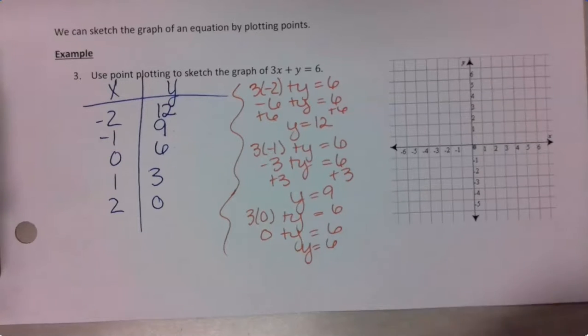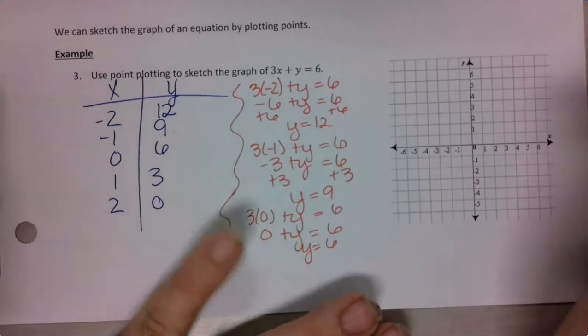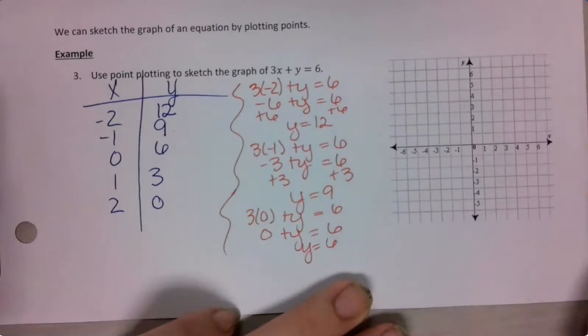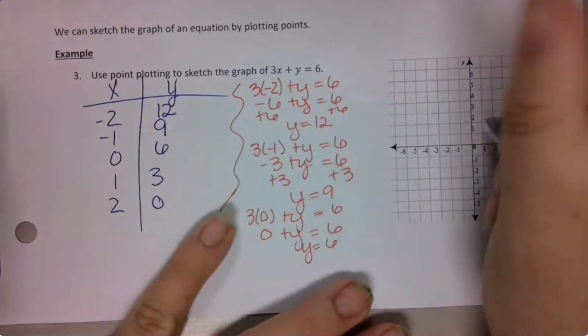Okay, so then I want to go ahead and plot my points. So I have negative, that's off my scale. I'm going to change my scale.